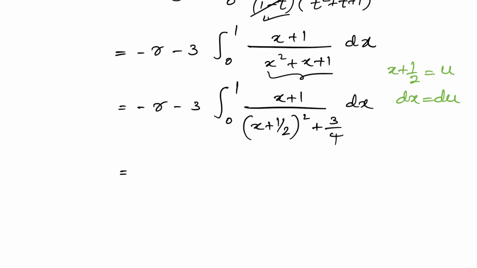So we have here minus gamma minus 3. Now we should change the boundaries. Lower limit, when x approaches 0, we have 1/2. Upper limit, when x approaches 1, we have 3/2.